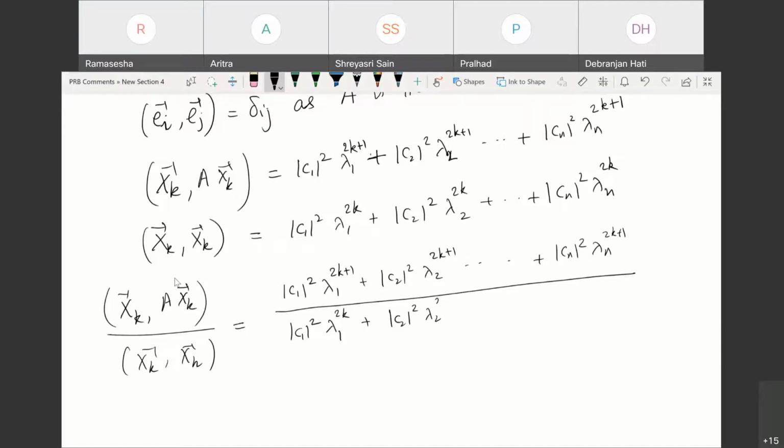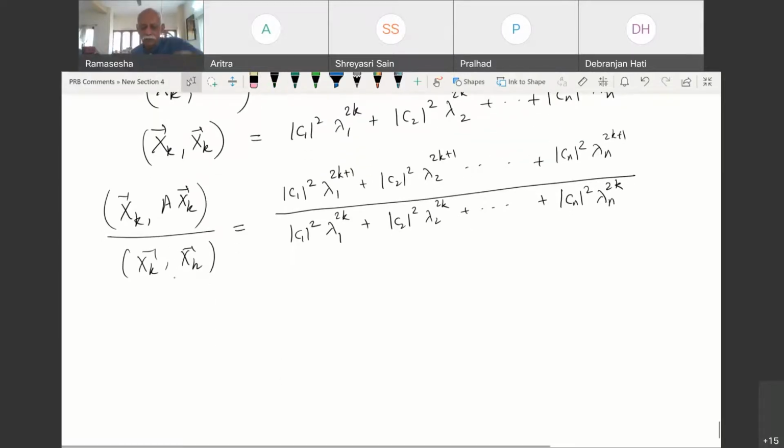So what I'll do is take lambda 1 to the power 2k plus 1 as the common factor in the numerator, and lambda 1 to the power 2k in the denominator.